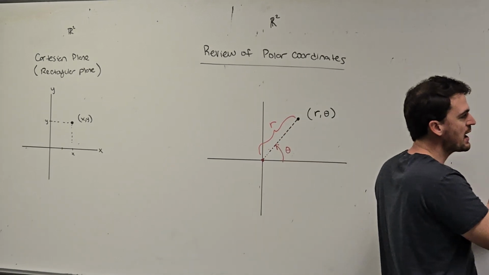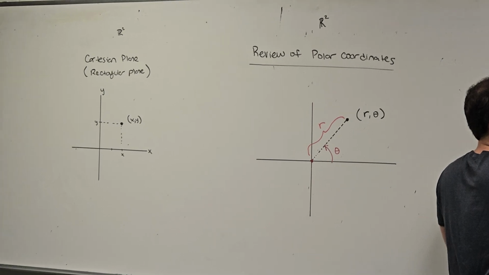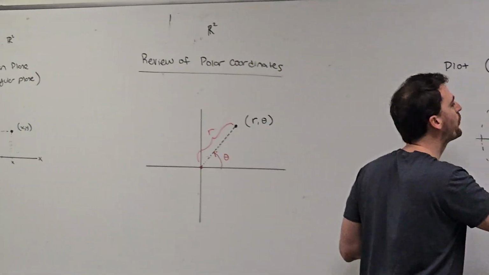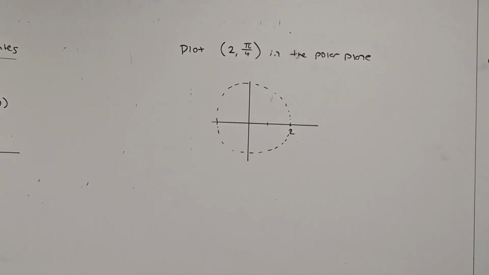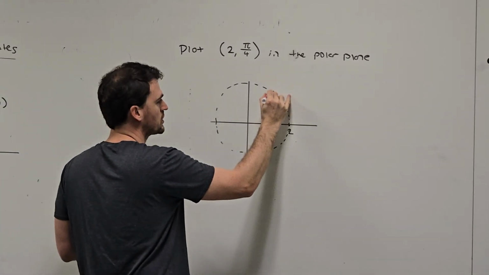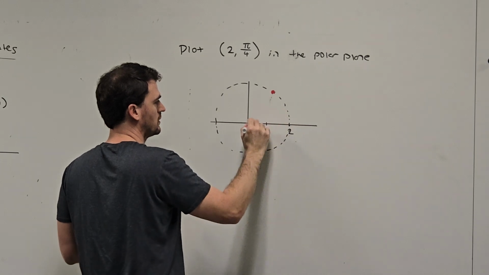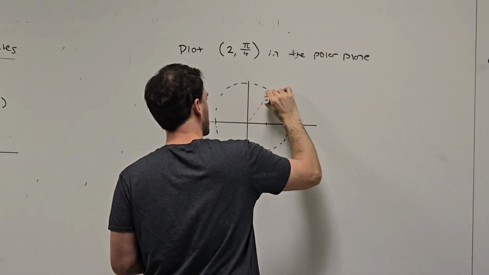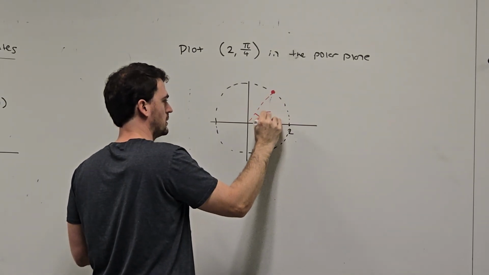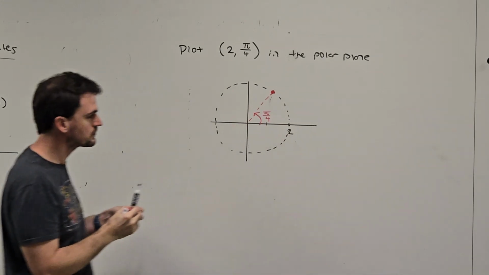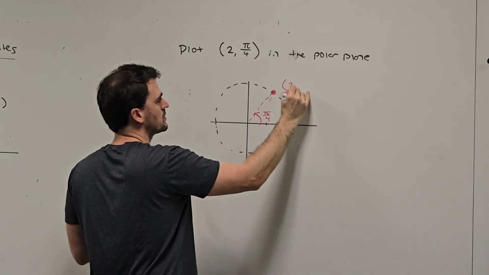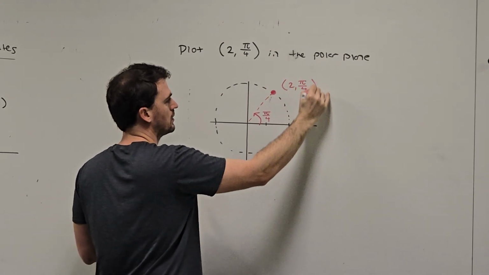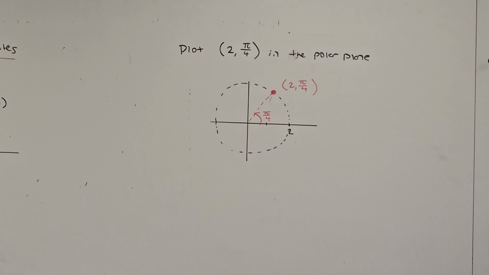You're going to travel around that circle until you get to an angle of pi over 4, which is 45 degrees. And this represents the point 2 comma pi over 4.